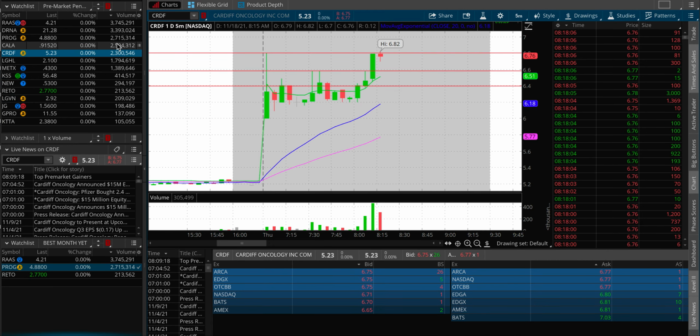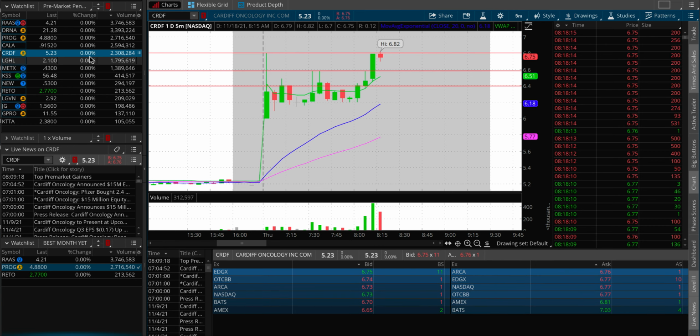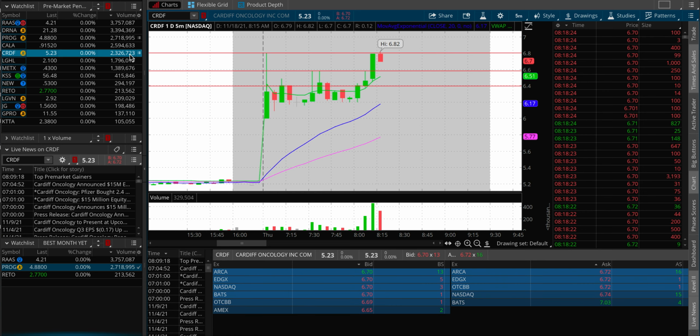It's very important to understand the scanner doesn't tell you what to buy or what to sell. All the scanner does is narrow down your search. So when you get up in the morning and you're searching for your stock of the day to trade, there's 7,000 stocks out there. How would you know where to even start, right? The scanner helps you narrow it down because it shows you the stocks that other traders are watching.